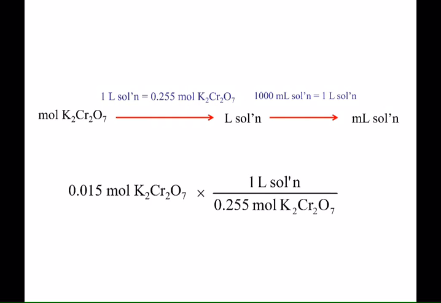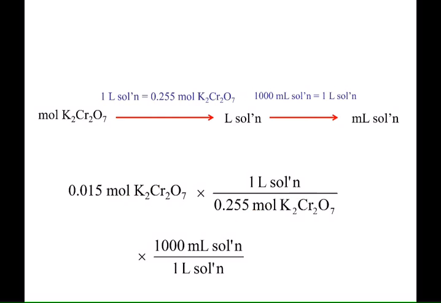It looks like this, which is what I call the flipped version of molarity. Does that make sense? In this sense, units of moles cancel, and we're left with units of liters. Now what does the last term look like to have liters cancel, and be left with milliliters? Yep, it looks like this, where units of liters on the bottom will cancel, and we'll be left with units of milliliters.